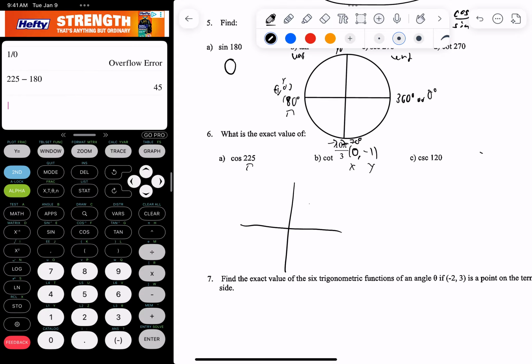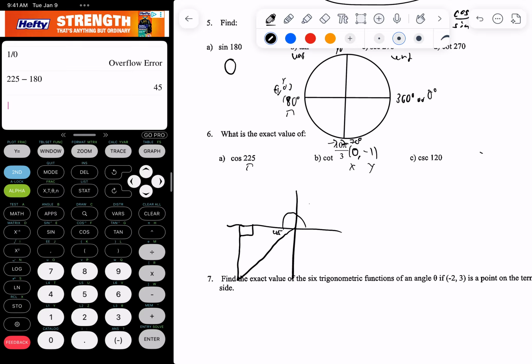So now you can write 45, and that's the angle of your triangle, right? You're going to draw a triangle over here. Let me try to draw it a bit bigger so that it's more readable. Since it's always going to be a right triangle, you'd have a 45, 45, 90.